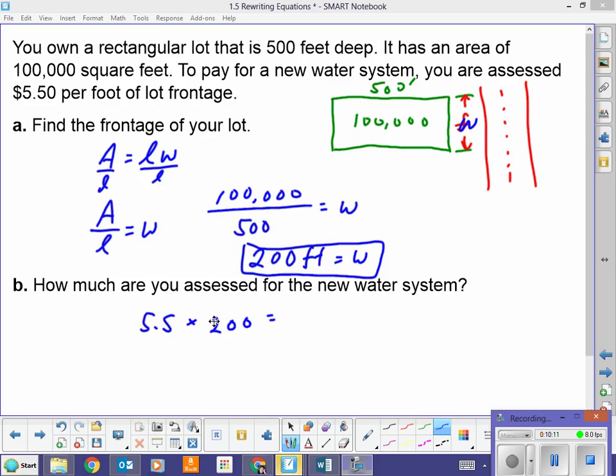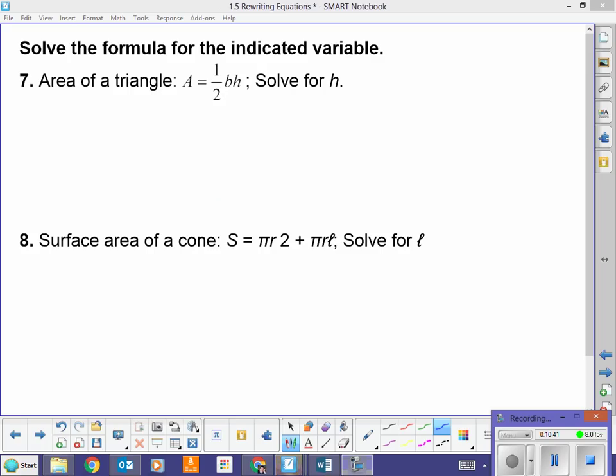Oh, I did that wrong on my paper. $5.50 per foot times 200 feet is $1,100. That's dollars, this is feet, and that's $5.50 per foot. That's how our measurements look. Okay, that's that question.